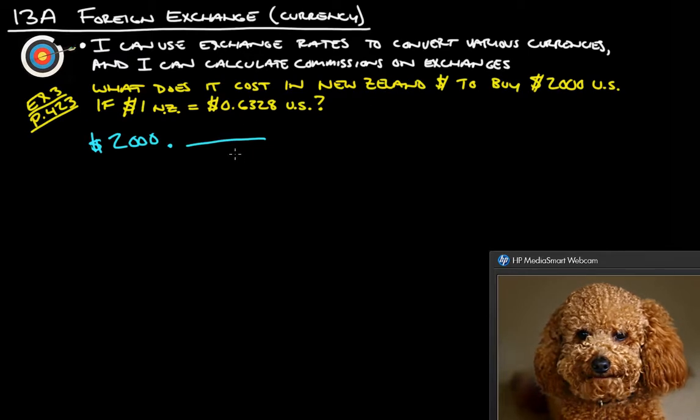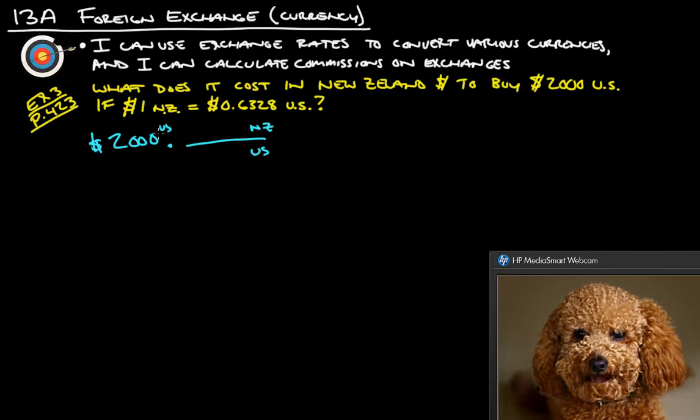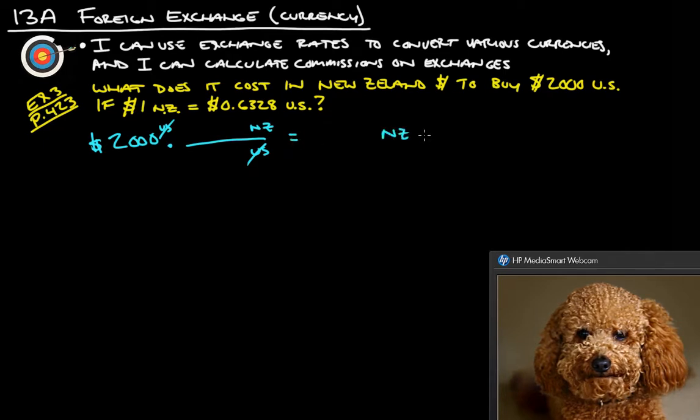So we want to put US on the bottom and New Zealand on the top so that we can reduce out the US dollars and turn it into New Zealand dollars.